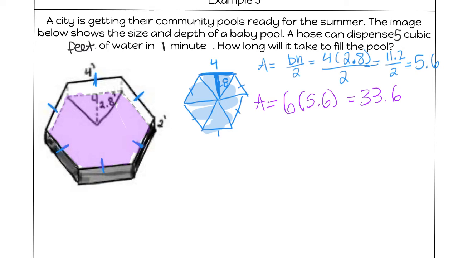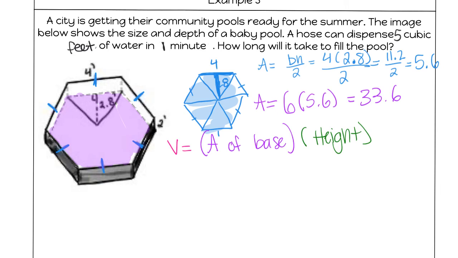So for the volume, I take the area of the base times the height or the depth of the pool. We said the area of the base was 33.6.